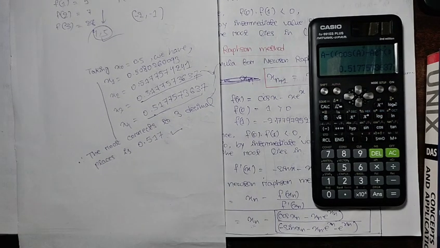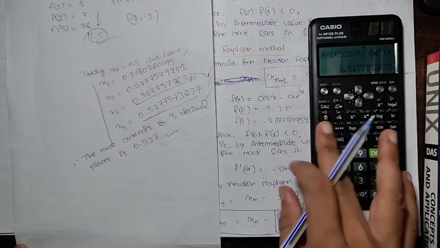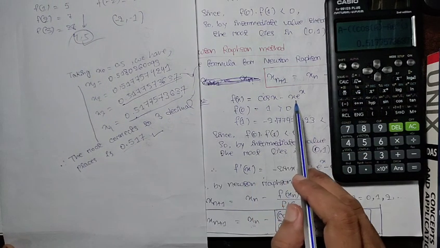Got it? So this is the root for this equation, that is cos x minus x e to the power x.